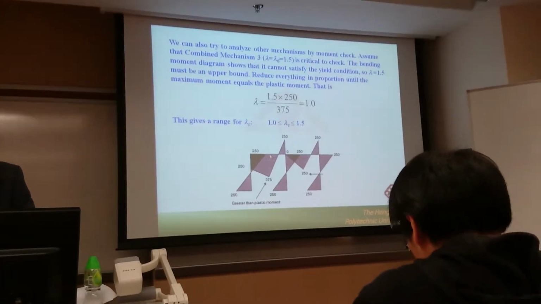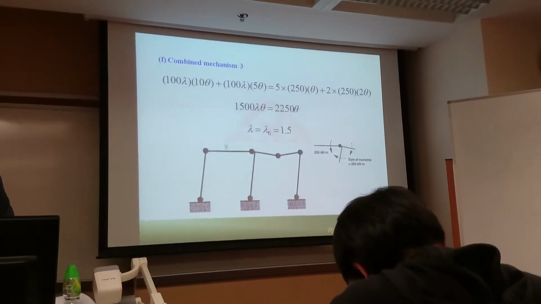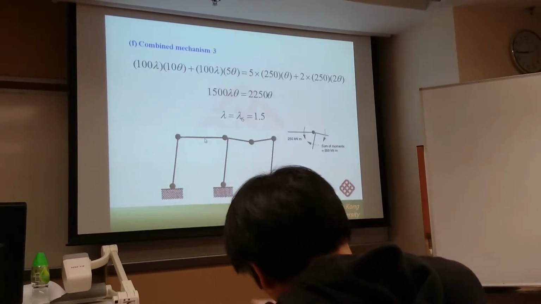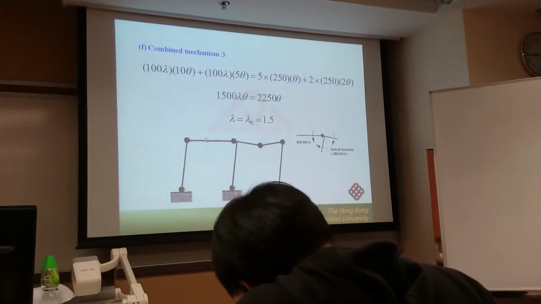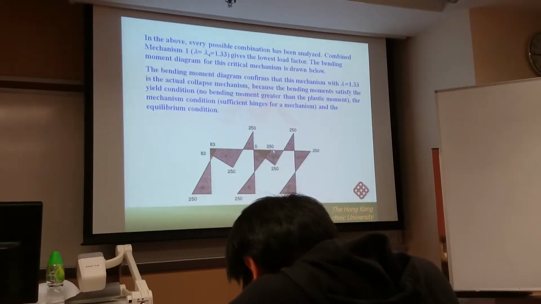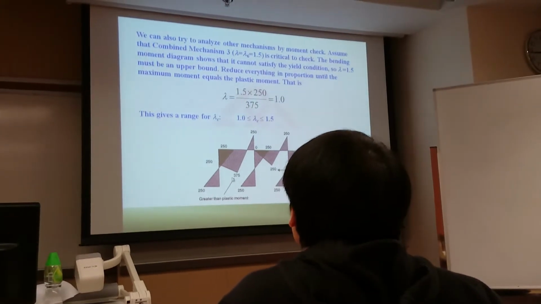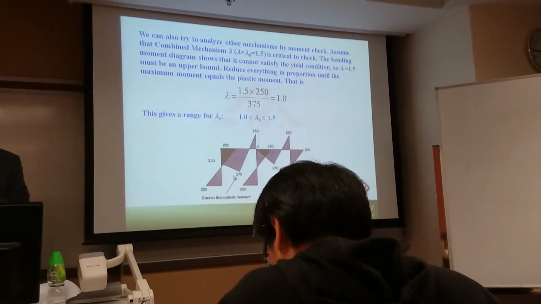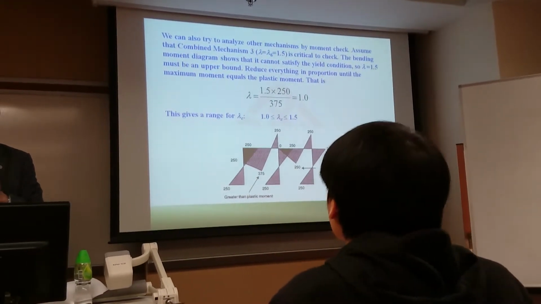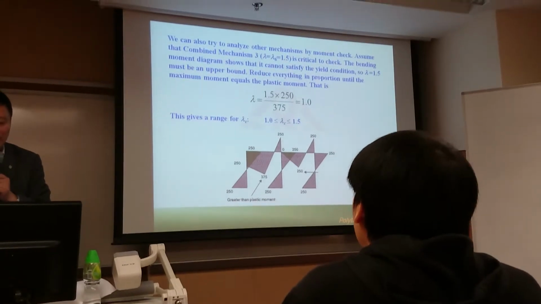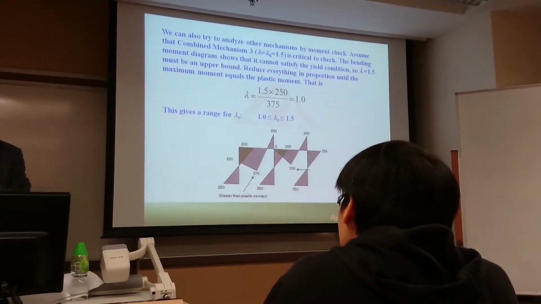For example, for this section, because this is a force application location, and in this combined case we assume this is not a plastic hinge, the moment should be less than the plastic moment. But based on the moment check, we obtain this value is larger than 250. This is reasonable because this is not the true case. So definitely, at least at one section, we will have moment larger than the plastic moment.